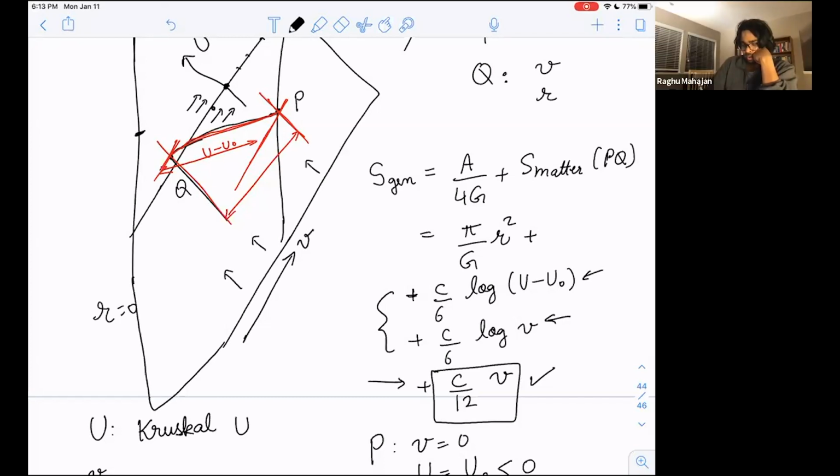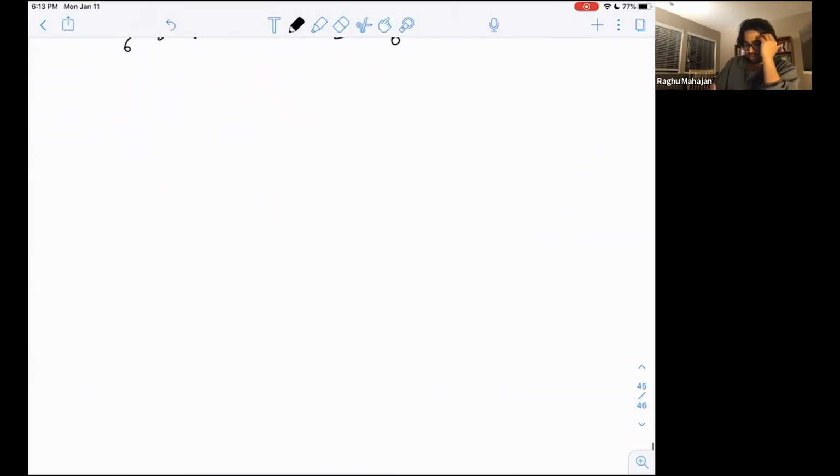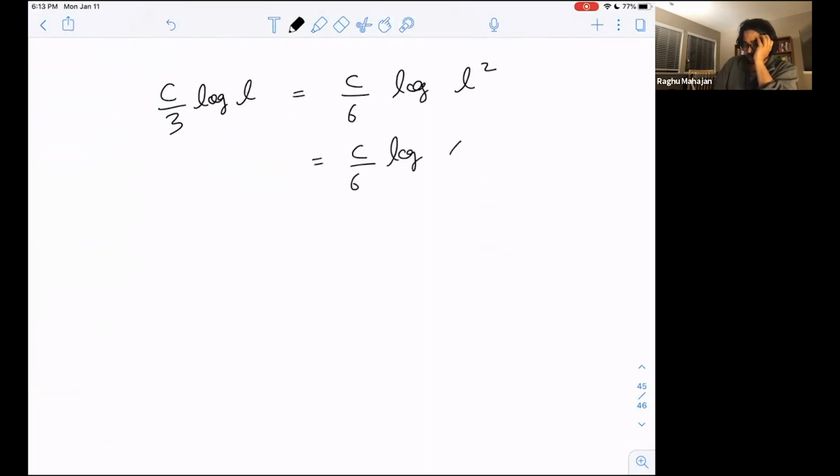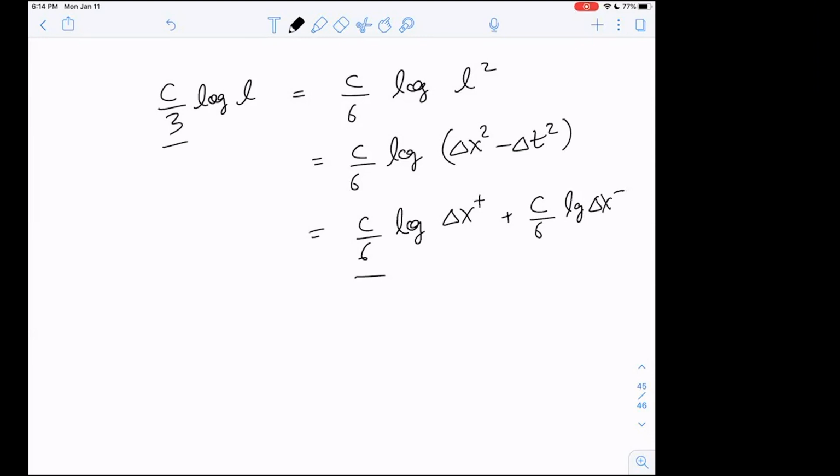Well, remember we wrote the formula as, so the formula starts out as C/3 log L. We write that as C/6 log of L squared, which by Lorentz invariance gets written as delta x squared minus delta t squared. And so in terms of the light cones, it's actually two terms, log of delta x plus and log of delta x minus. Okay, very clear now. Okay. So it's this difference between the 3 and the 6.